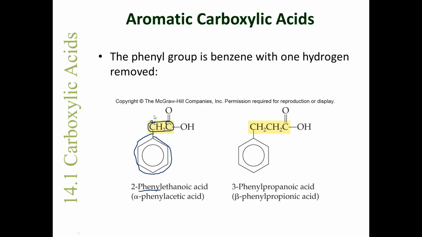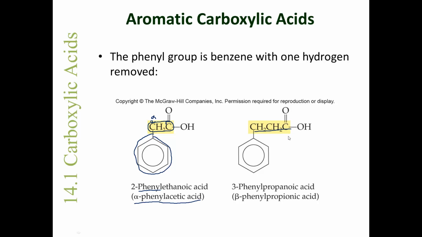Or you can use the alpha symbol if you're using the common name. Remember, that's the common name down here, alpha-phenyl acetic acid. But if you're going to call it by the common name, then you're not going to call it ethanoic acid. You're going to go by the common name for this aliphatic carboxylic acid, acetic acid. Same thing here, propionic acid. It's 3 carbons long. That's how we know it's propane.